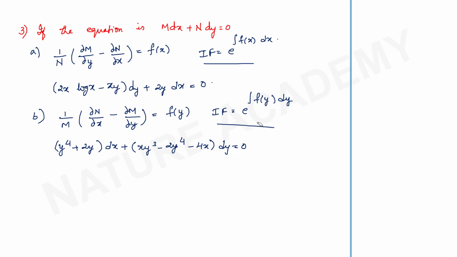Now, one may get confused about how to understand whether I have to take integrating factor e raised to integral f of x dx or e raised to integral f of y dy. In that case, you can have a trick. If you see the expression involving dx is small, then go for a. If you see the expression involving dy is small, then go for b.